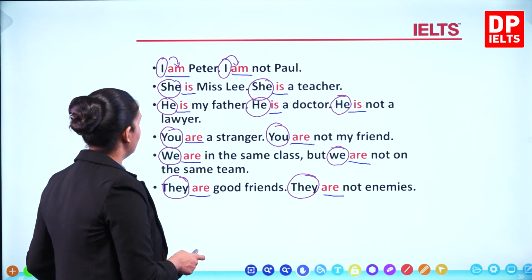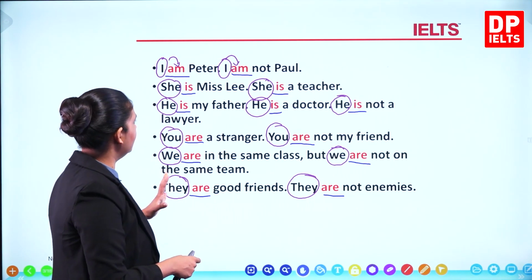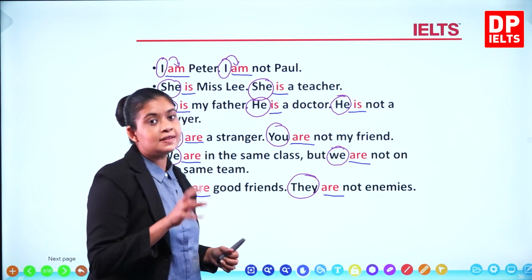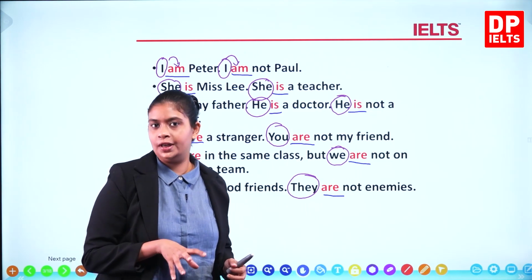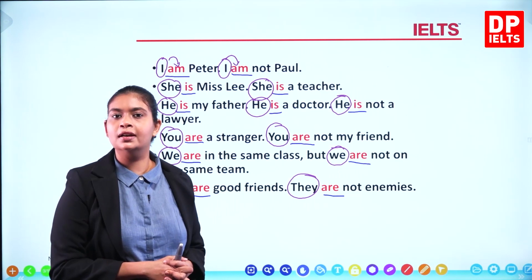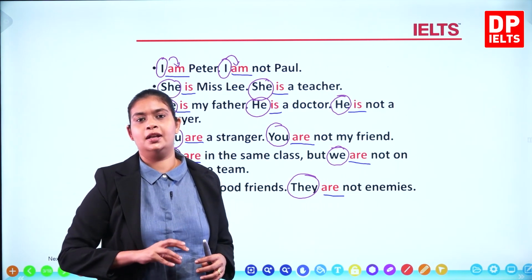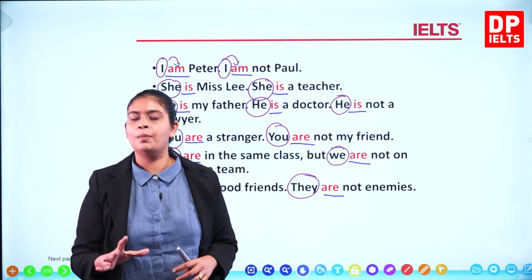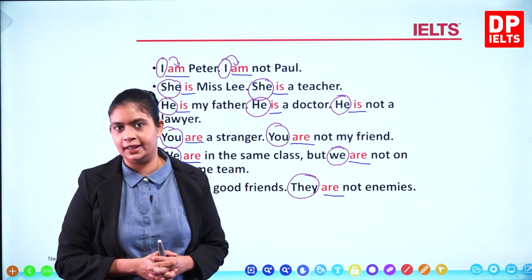ඊට පස්සේ අපි බැලුවා am කියන එක යෙදෙන්නේ I එක්ක, is කියන එක යෙදෙන්නේ singular noun නැත්නම් pronouns නාමපද නැත්නම් සර්වනාම එක්ක, are කියන එක අපි යොදන්නේ බහුවචන නාමපද නැත්නම් සර්වනාම එක්ක කියලා.